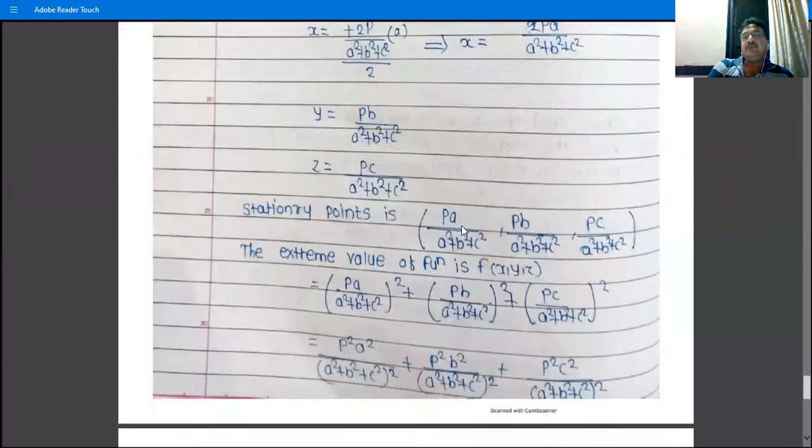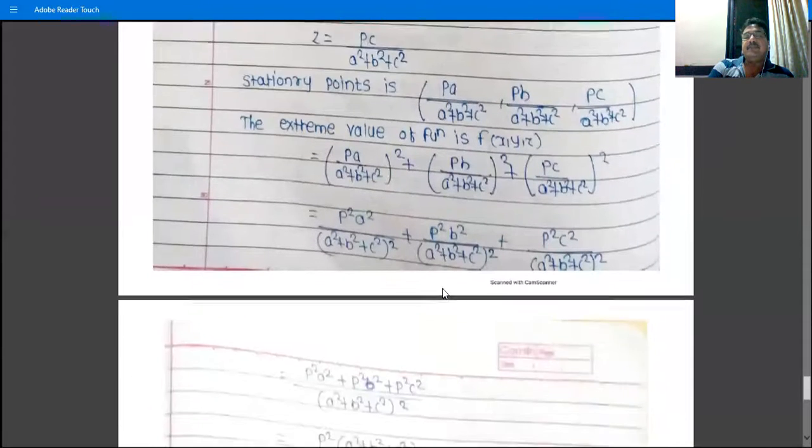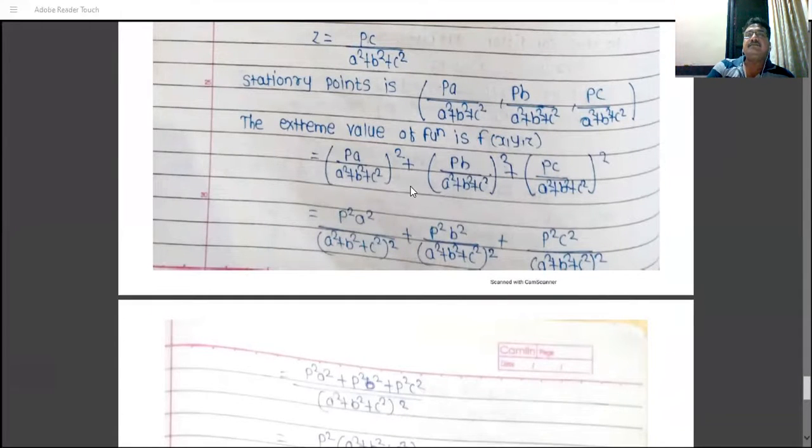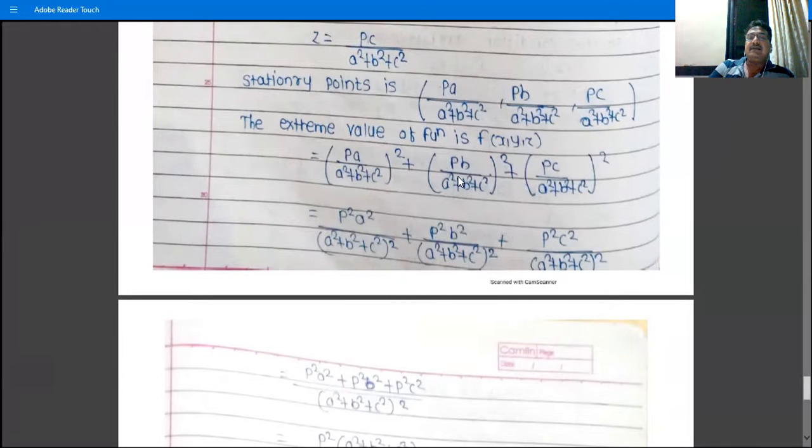Then we have the stationary point, that is, the values of x, y, and z, and then the extreme value of the function. Unlike a two variable function, there is no condition to decide whether the function is maximum or minimum at this point. For a two variable function, we find capital A, capital B, capital C, and delta; if delta is greater than 0 and A is less than 0, then the function is maximum, and if A is greater than 0, then the function is minimum at that point.